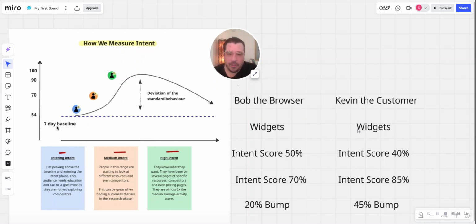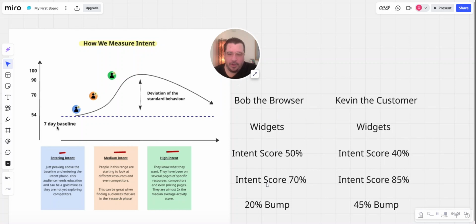Kevin, the customer, is also interested in widgets, and he has typically an intent score of 40%. He's not researching that much. He's interested in it, but he's not reading articles. He's not Googling around. It's not part of his online activity. So now is where the magic happens.